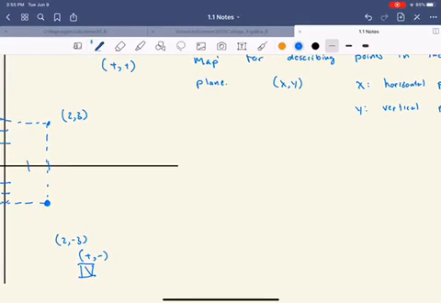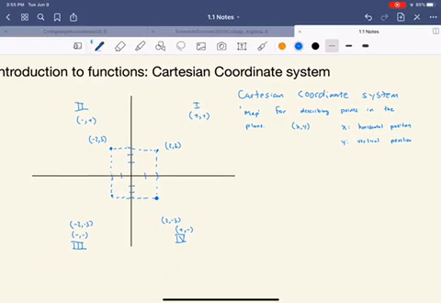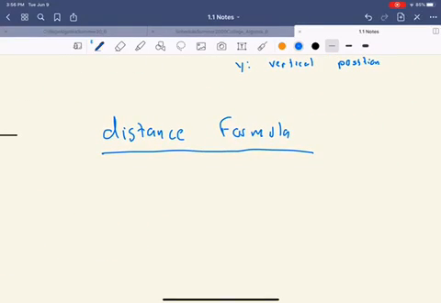Okay, but before we do that, we're going to talk about the Pythagorean theorem because that's all the distance formula is. Or, really, the Pythagorean theorem in the Cartesian plane.